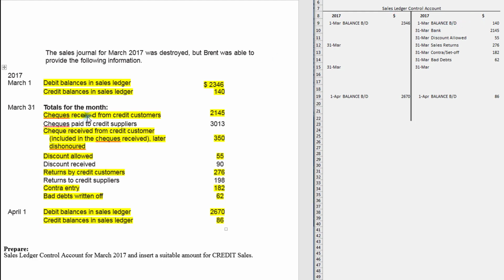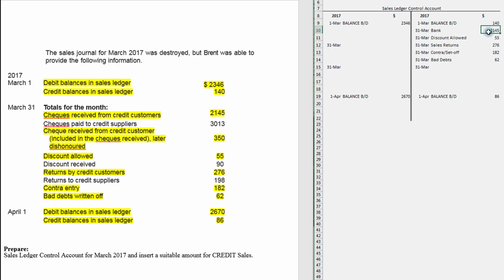Next we had checks received from credit customers. If we're receiving a check, it means that the amount of money in our bank account would increase, so we would have debited the bank, and as a result we'd have to credit the sales ledger control account.